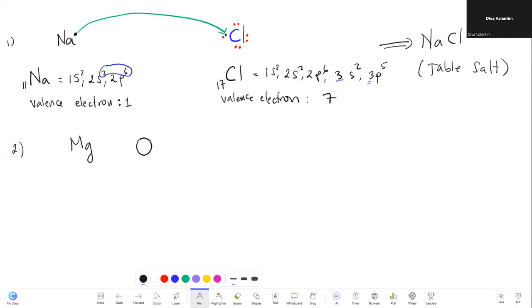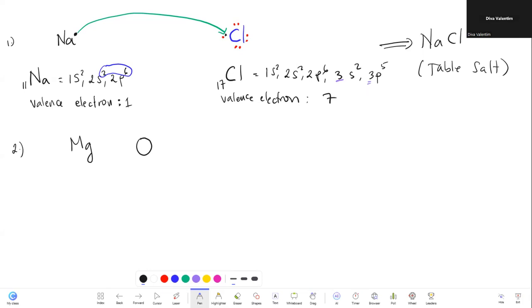Metal. Okay, very good. What is the valence electrons of magnesium? Two, sir. Yes, very good. Valence electrons of magnesium is 2. Is magnesium a cation or an anion?